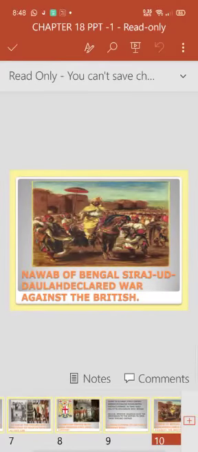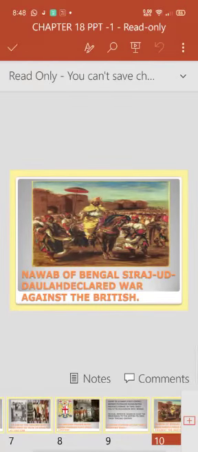But the Nawab of Bengal, Nawab Sirajuddaulah, declared a war against the British as they started maintaining the army at their trading centers, which Nawab did not allow.